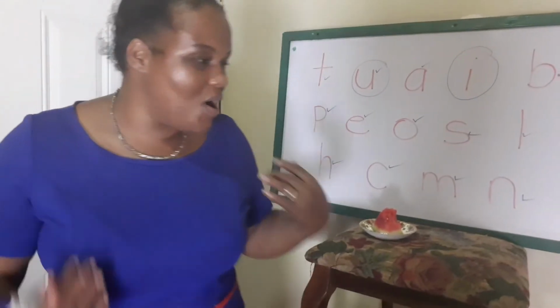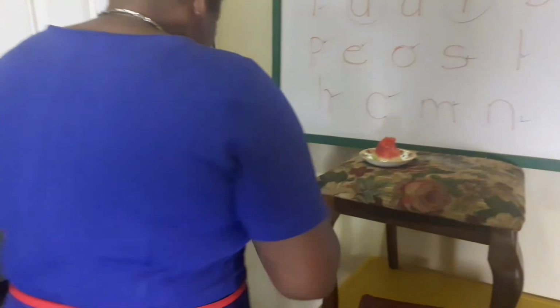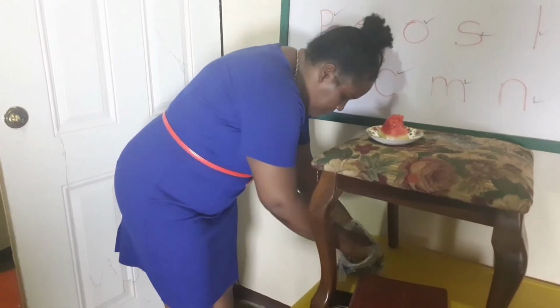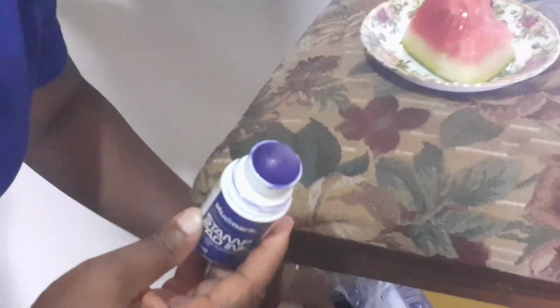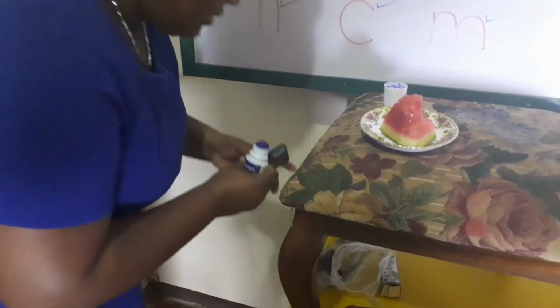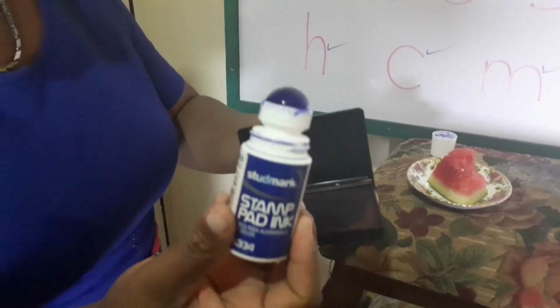But I have one. Let's see what I have beginning with the E sound. Look at this. It's ink. Ink. And I use it on the stamp pad like this. So this is called ink.